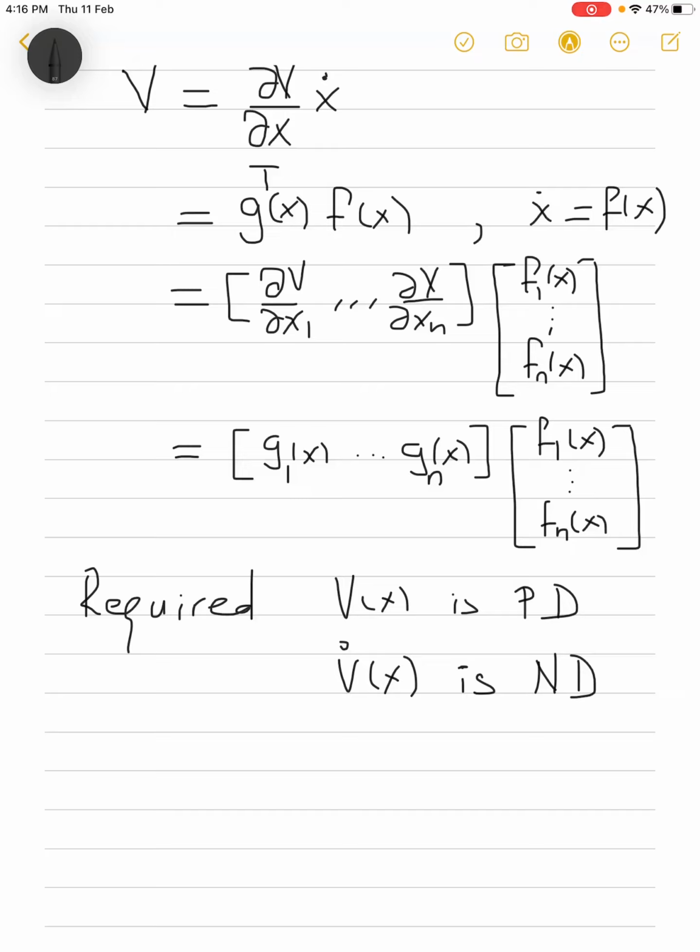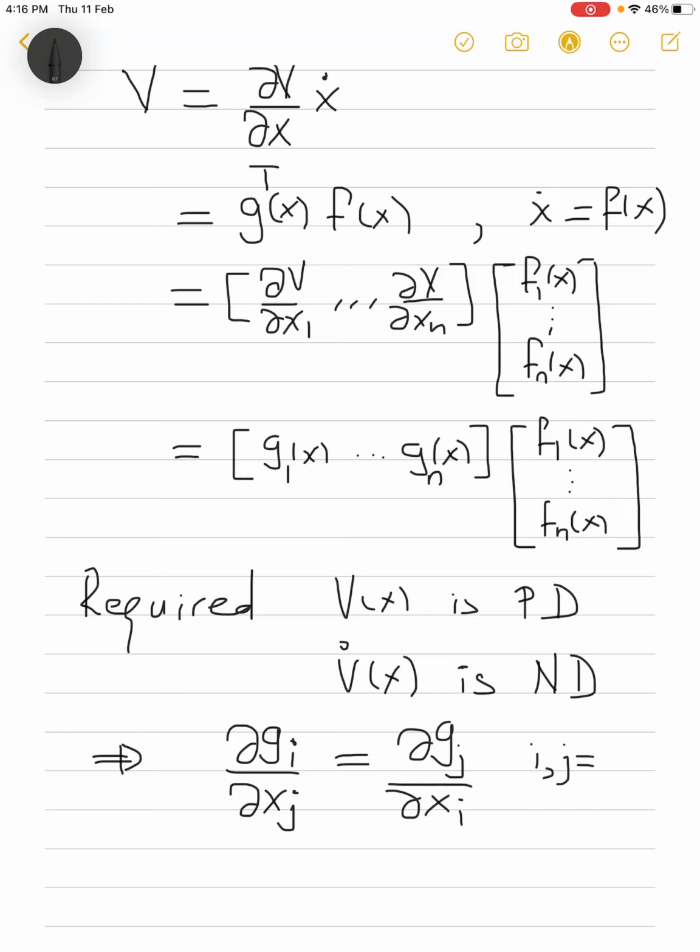So we will notice that the resulting matrix, the Jacobian matrix, will be symmetric, and that means that the partial derivative of gi with respect to the state xj would be equal to the partial derivative of gj with respect to the state variable xi, and here i and j will run from 1 up to n.